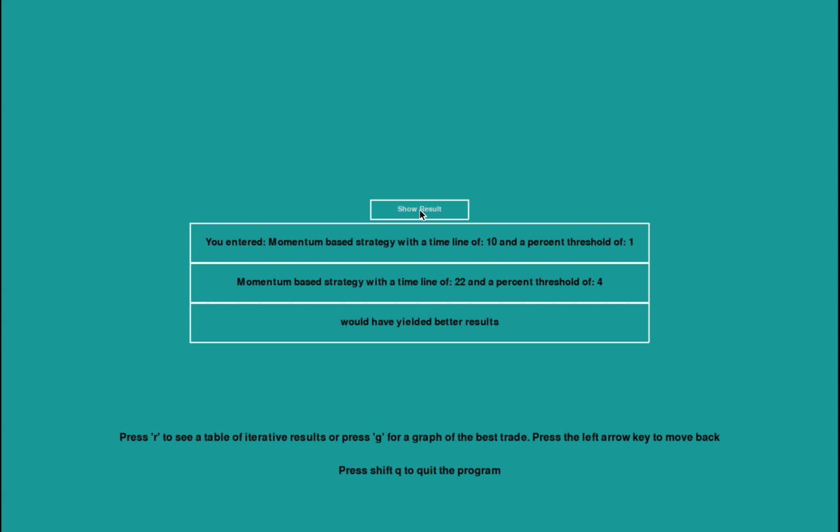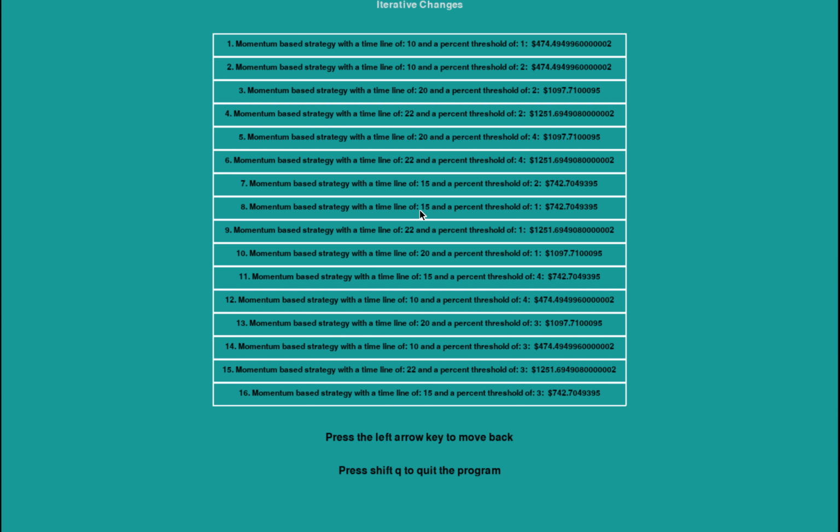And if you want to know how the computer actually arrived at that result, we can hit R, as it says below, and it's going to show me all of the calculations that the computer did and the steps, all the strategies that were generated through the genetic algorithm and the result of the backtesting, the dollar amount of returns. And so the top one, number 1, is the one I entered in. And this is the order by which the computer tested these results.